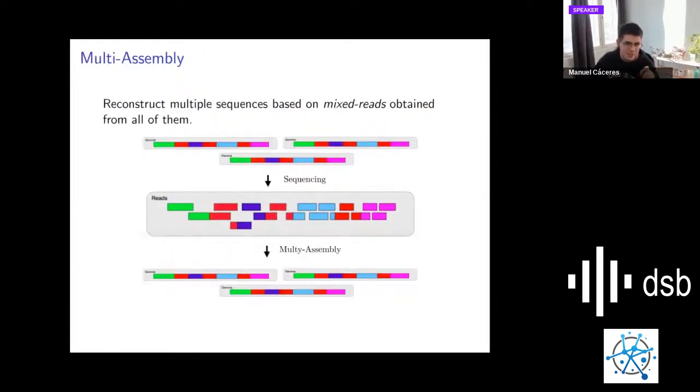Another example is multi-assembly, which is a generalization of the assembly problem, where instead of only one sequence we have different sequences, and we have reads mixed from all these sequences, and from this mixed set of reads we want to reconstruct all the input genomes.